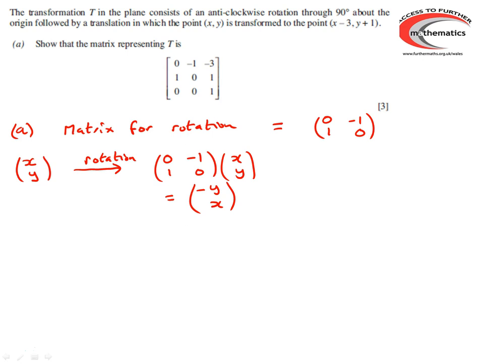Now the translation that we've got is a translation of minus 3 in the x direction and 1 in the y direction. So once I take the point minus y, x and translate it by minus 3, 1, I'm going to end up with minus y minus 3, x plus 1.